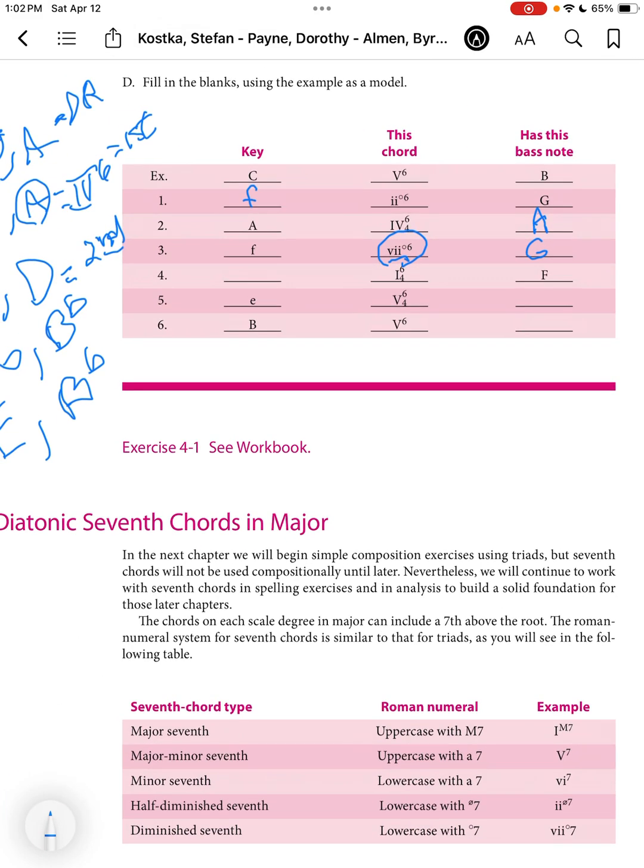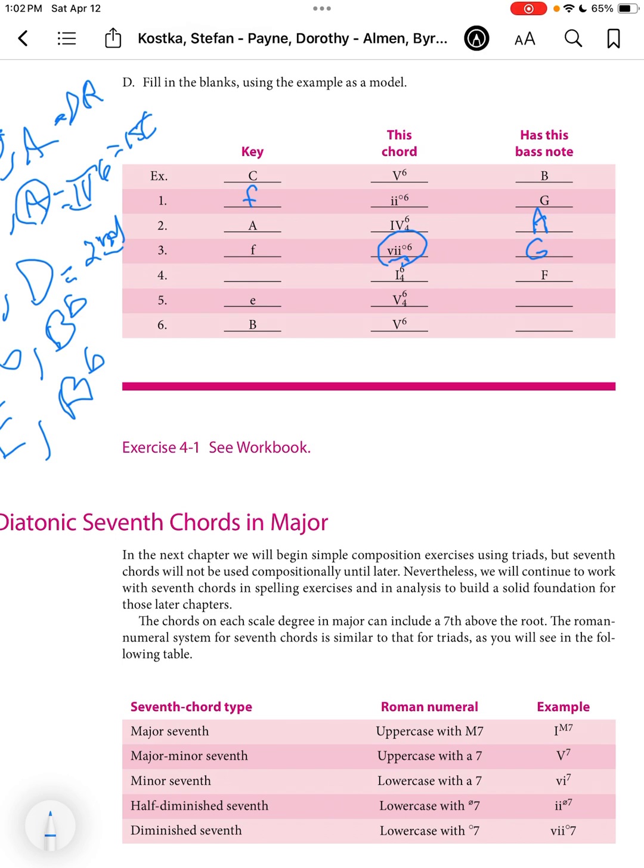164. It has the key of F. Oh boy. 164 has the bass of F. Alright, I'm thinking... Wait a minute.